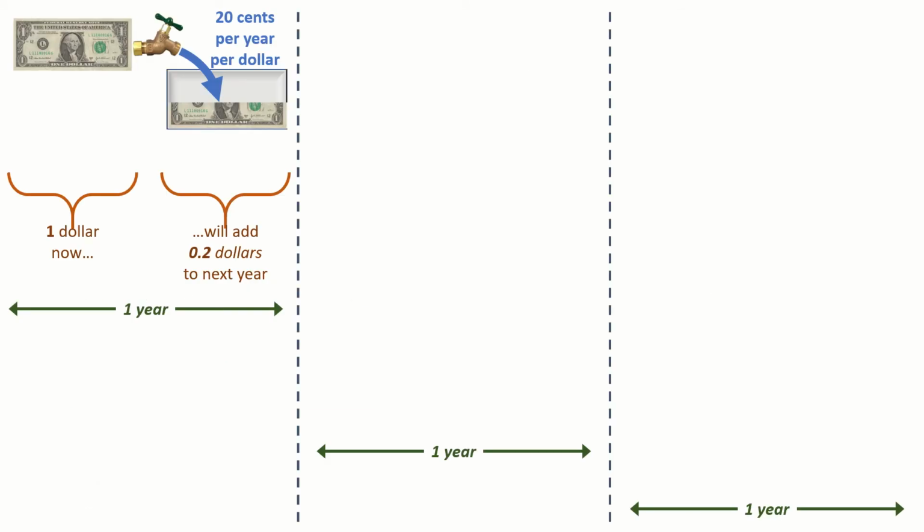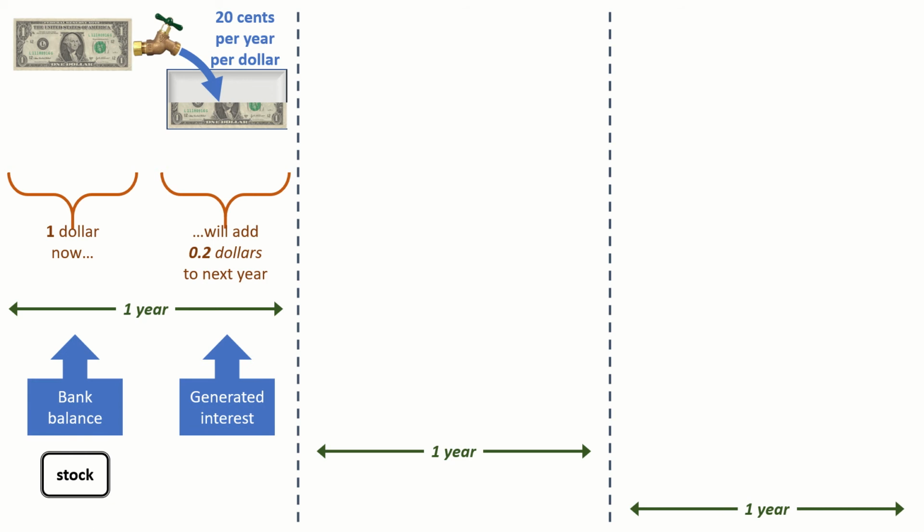If I view this from a stock and flow perspective, you can think that I have a stock of dollars in my bank balance, and we're going to introduce this term more formally in a couple slides. You can think of that dollar as dumping in new dollars, growing up to almost a full dollar, but every year it only gets like 20 cents per dollar dumped back into the stock.